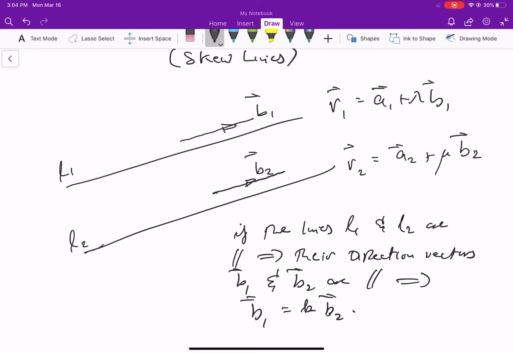If you can do that, then the 2 lines are parallel.